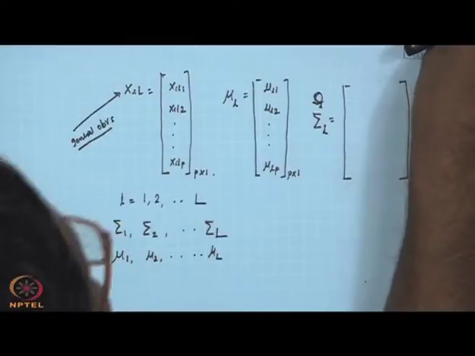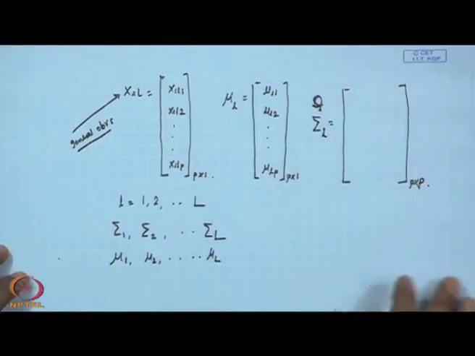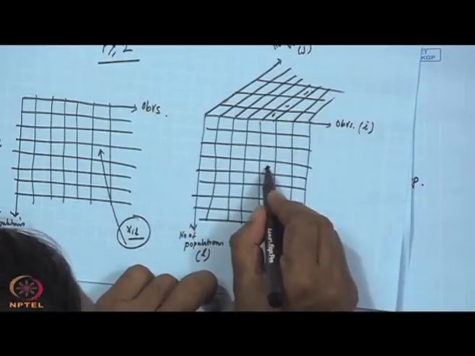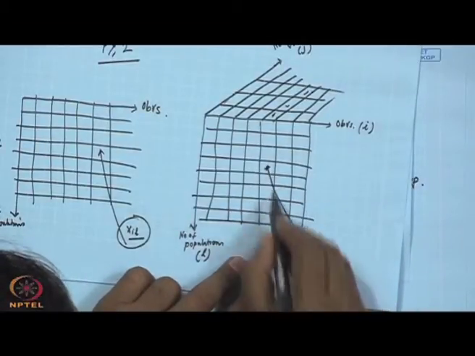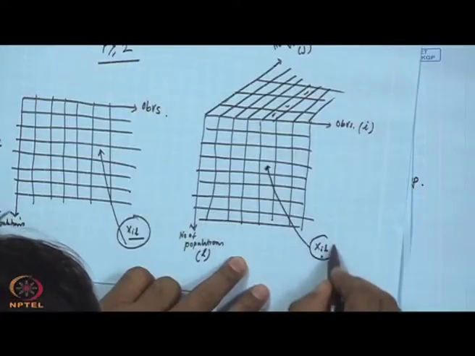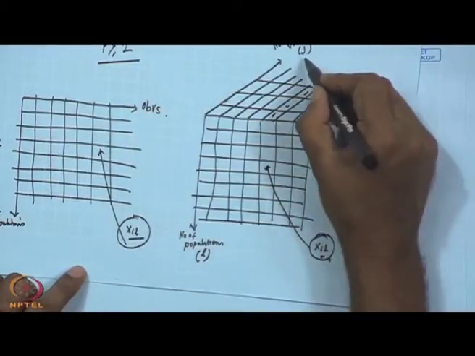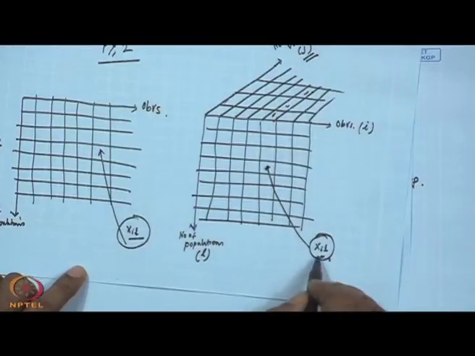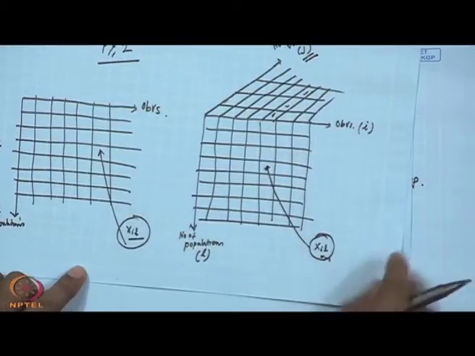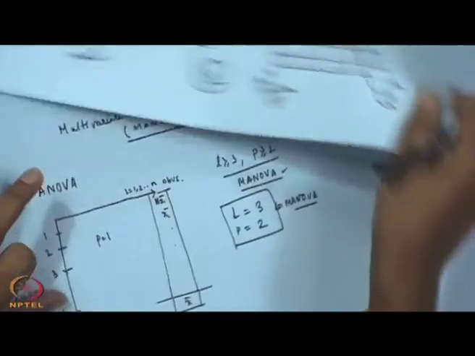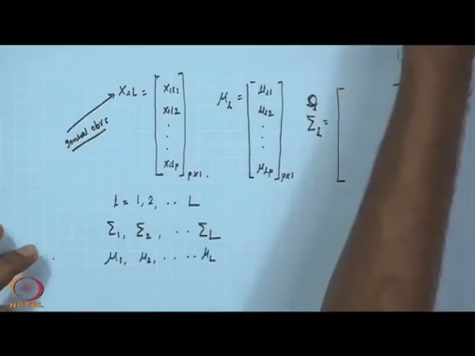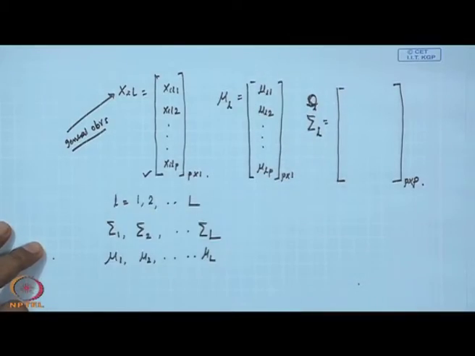For mathematical simplicity, although this is a vector, basically we will be using this term like xil without bringing in the variable part. The variable part is implicit here, because xil is nothing but this one. This is the general observation. Okay.